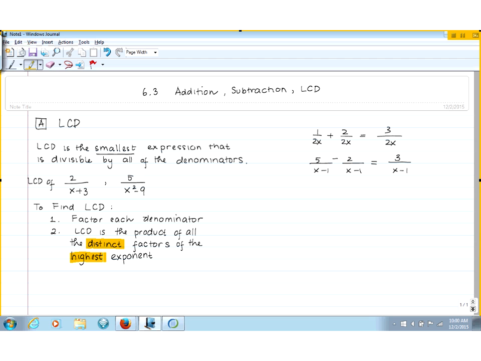So the keyword is distinct factors, and then highest exponent.